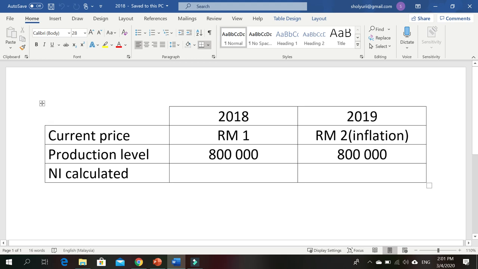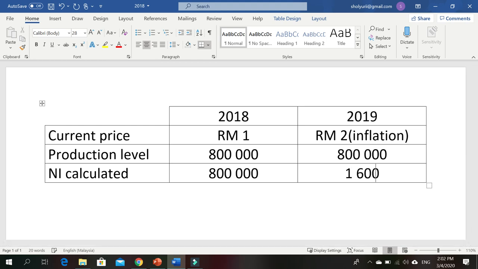So kalau kita nak kira pendapatan negara dari segi produk tersebut, kita darab secara kasar dia RM1 darab 800,000 produk yang dihasilkan. So kita dapat 800,000. Well, in 2019, RM2 darab 800,000 barang, kita dapat 1,600,000. Sebab sekali ganda kan.